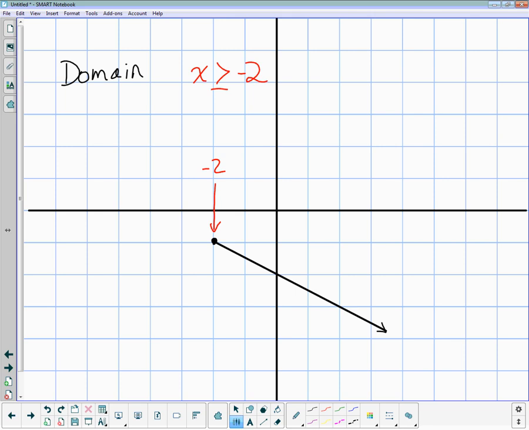Everything bigger than negative 2. If you wanted to write it with an equal sign, you could do it, but you would have to write it like this. Put a bar there or not? No, because it's infinity. Infinity never is equal to anything. It's not even equal to itself.